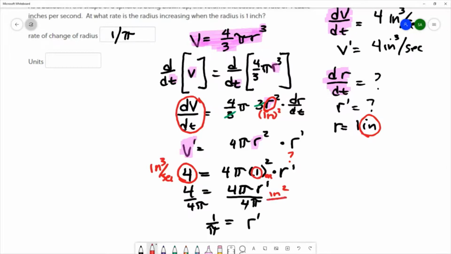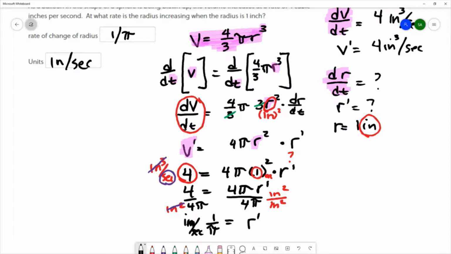We end up dividing by inches squared, and so our inches cubed cancels with the inches squared to leave 1 inches. And seconds also remain, so per second. So the units are inches per second for this problem. 1 over pi inches per second.